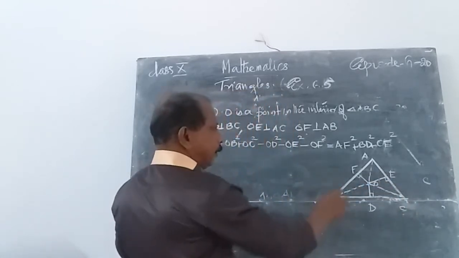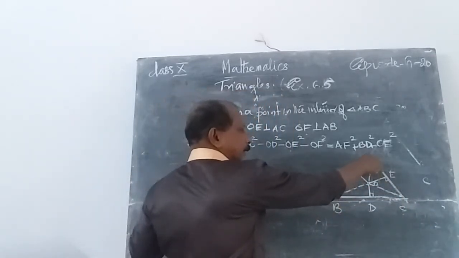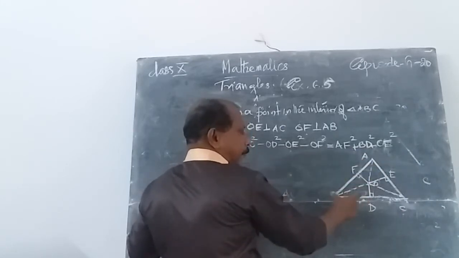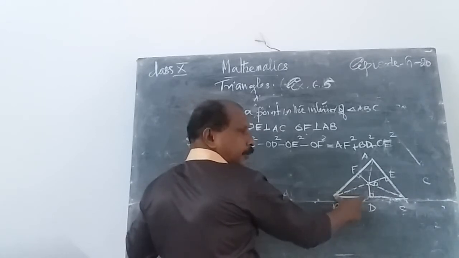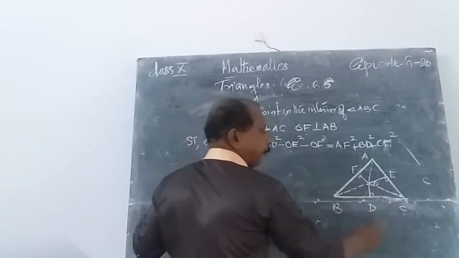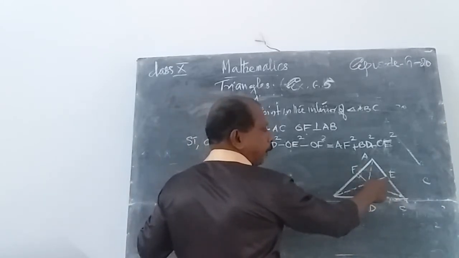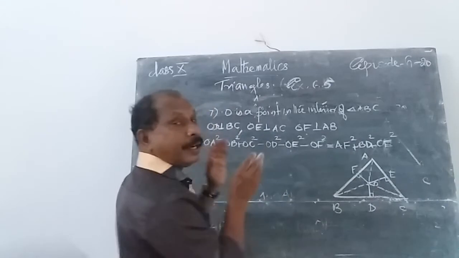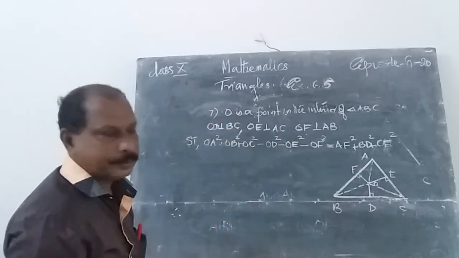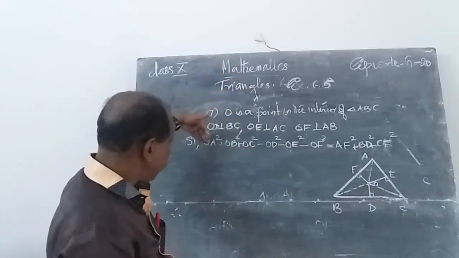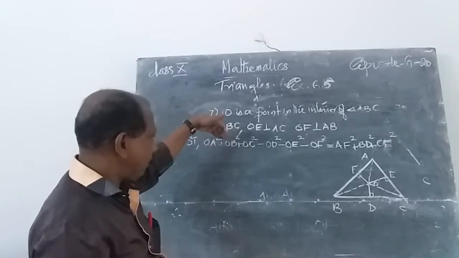Listen, AF is the first part of the side, and BD is the first part of BC, and CE is the first part of AC. Therefore, we consider these three triangles. You see, we know that the left hand side is OA square plus OB square plus OC square.